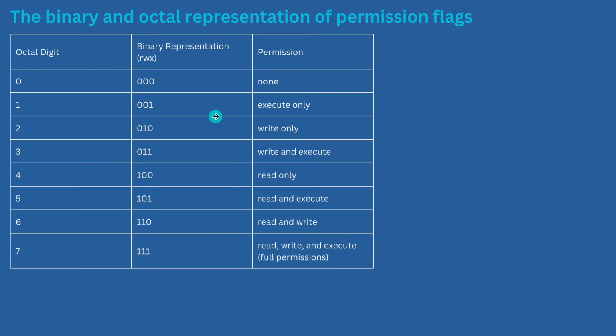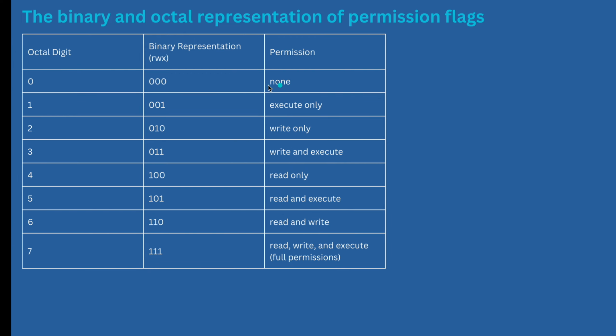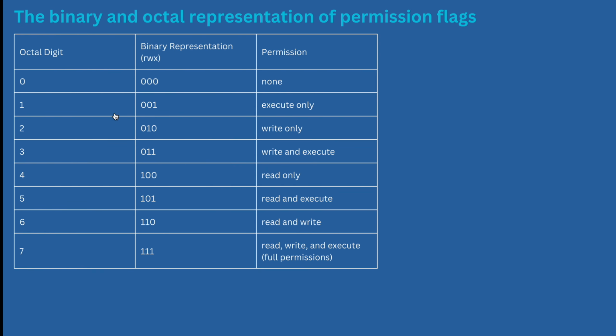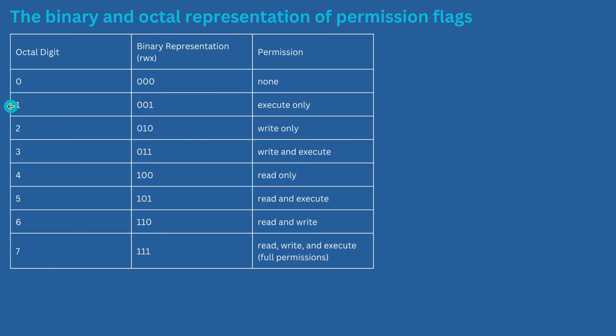I am going to describe this a little. Here you see 3 digits. Binary 000 means no permission. If a number is totally blank, it means no permission. Now 1: the binary representation starts from here.